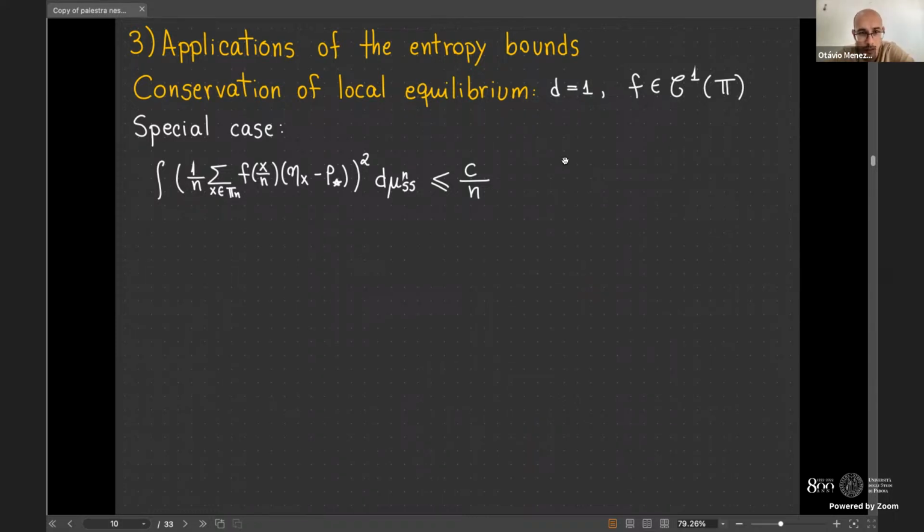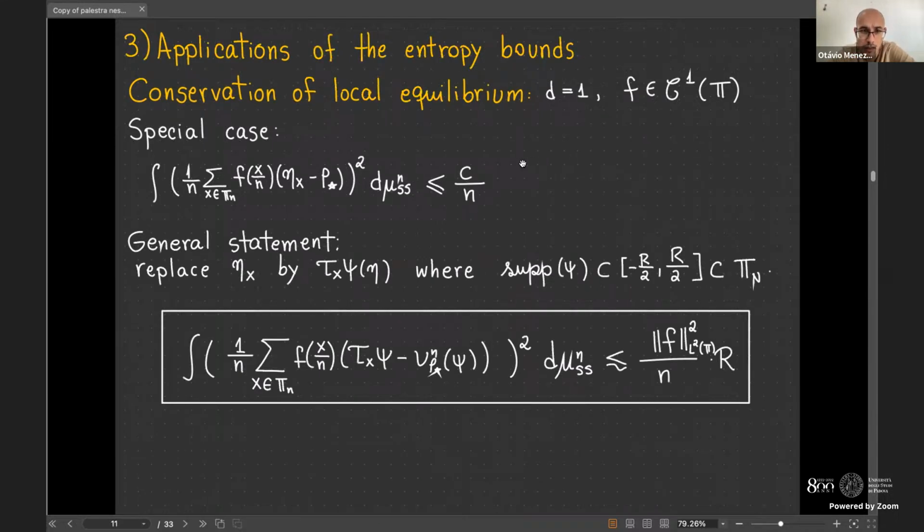We can do a little bit better if instead of looking at the occupation of a single site, we look at some local function, some function that depends on what happens on a neighborhood of 0, say some polynomial on the occupations of the 10 sites to the left and to the right of 0.